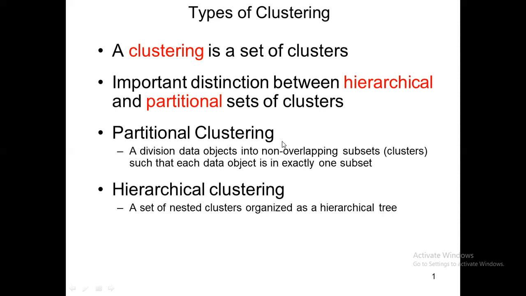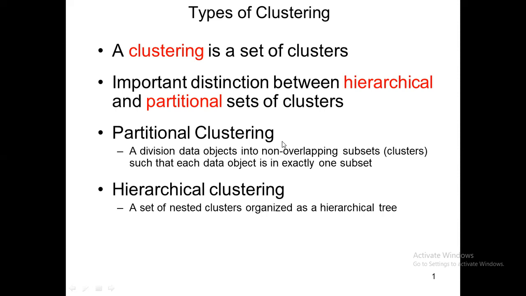What is partition clustering? A division of data objects into non-overlapping subsets or clusters, such that each data object is in exactly one subset. We divide the data into distinct non-overlapping subsets, as in k-means clustering.